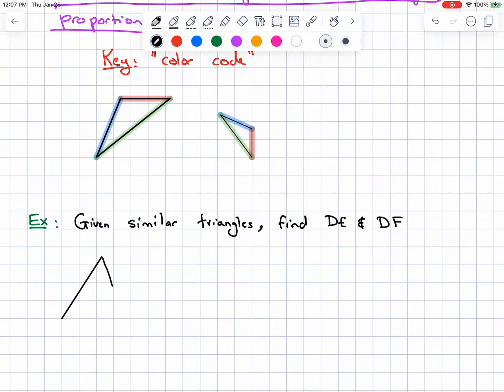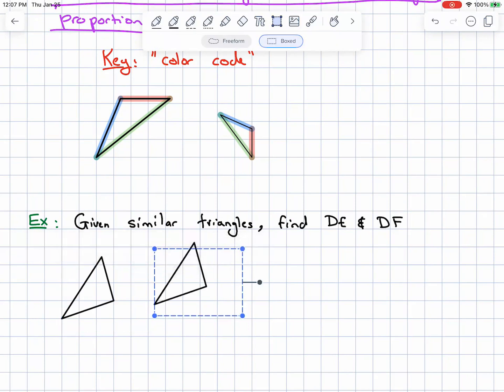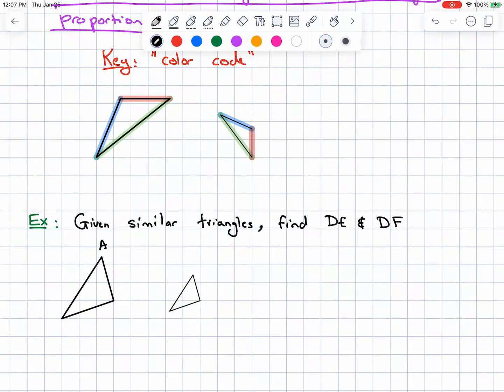So it looks like this, this, this. And then I'm going to copy and paste and make it smaller. The first one is triangle A, bottom left is B, bottom right is C, and this is D, E, F. I'll write those triangles before I put in the numbers, just so it's easier to follow.